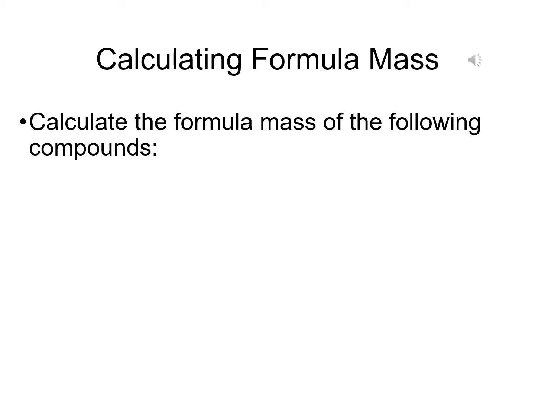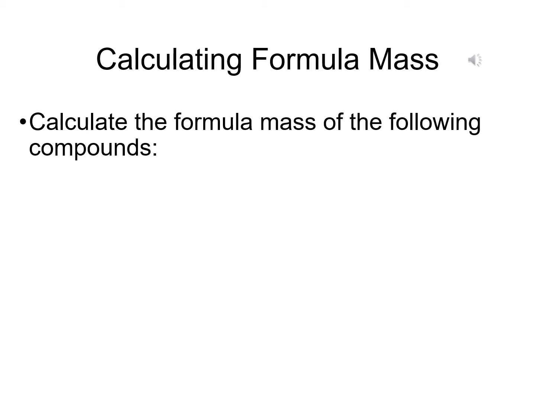So we need to take into account that we need to multiply the atomic mass of nitrogen by 3, the atomic mass of hydrogen by 3 times 4, which is 12, and then we have 1 phosphorus, and we have 4 oxygens, so 4 times the atomic mass of oxygen of 16. When we do all this multiplication and add this up, we get a formula mass for ammonium phosphate of 149.10 AMU.